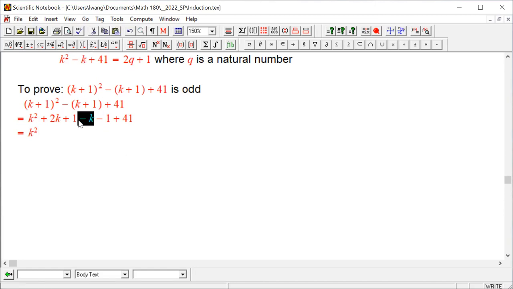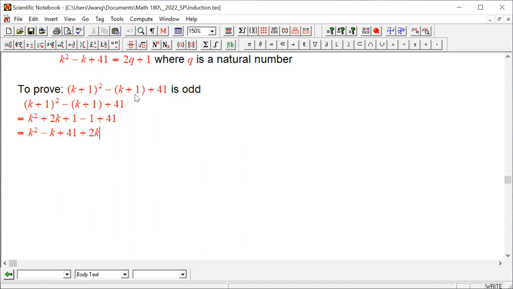Minus k, so I'm going to put a minus k here. Plus 41, so we got a plus 41, and put everything else on the side. k squared, so we have a 2k. We want to leave that 2k. Plus 1 minus 1 makes 0. Did we leave anything out? I think we're good.